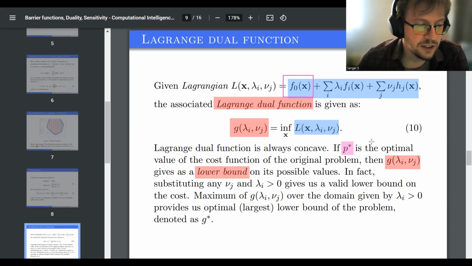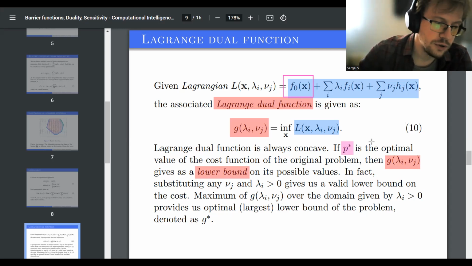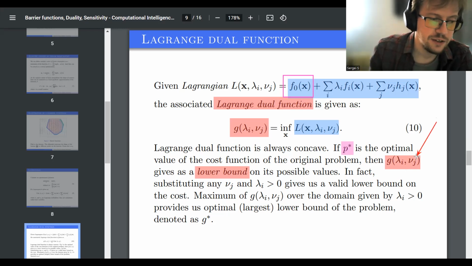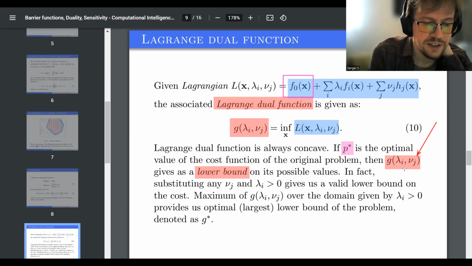Let's say g of lambda and nu gives us -3. It means that f0 cannot be less than -3. -3 is the lower bound. We cannot expect f0 to be less than -3.